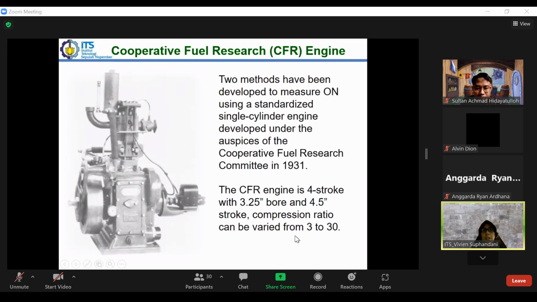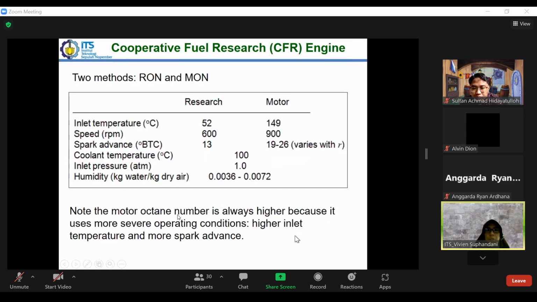This is a 4-stroke engine, and the dimensions are already specified here. The bore diameter and the stroke here are 4.5 inch, and the compression ratio can be varied from 3 to 30. So this is the engine.